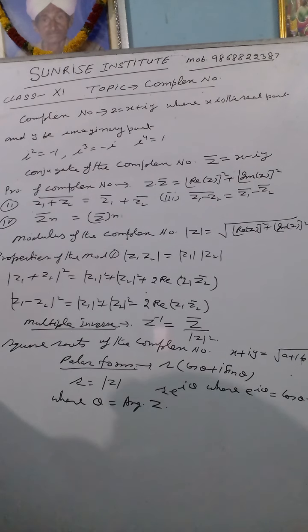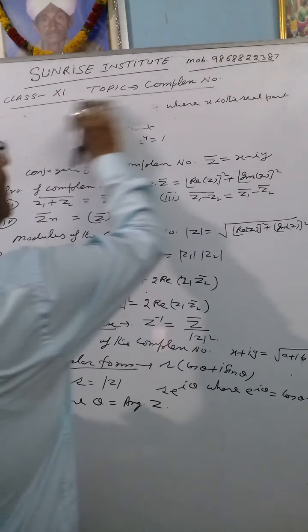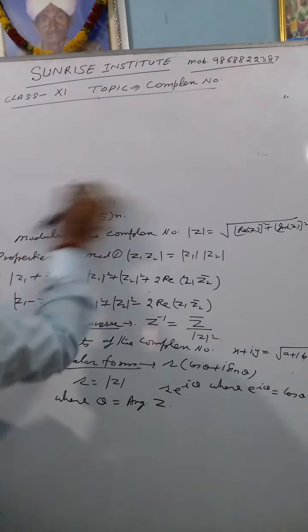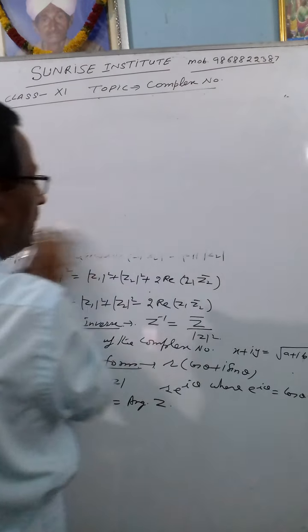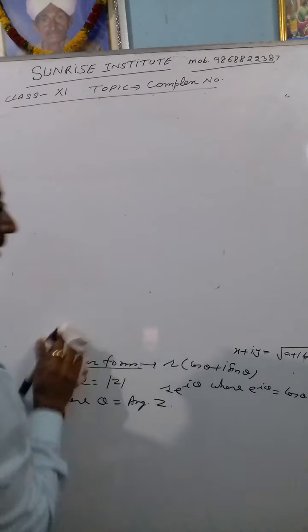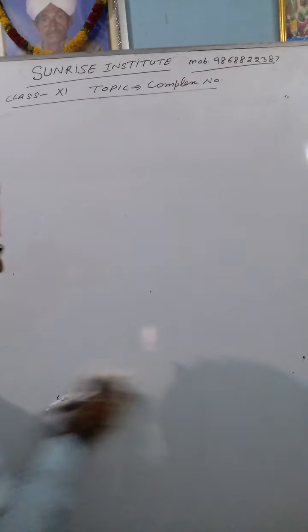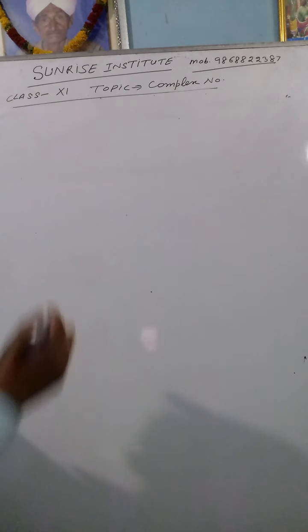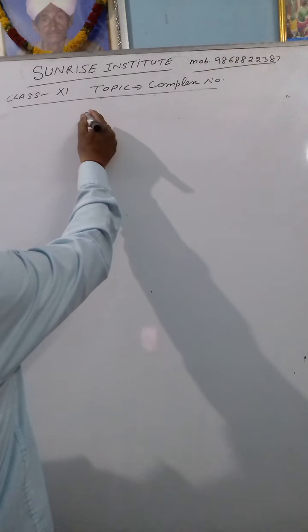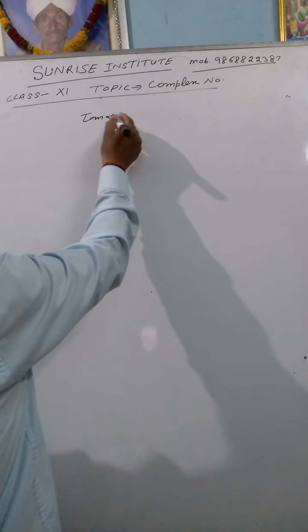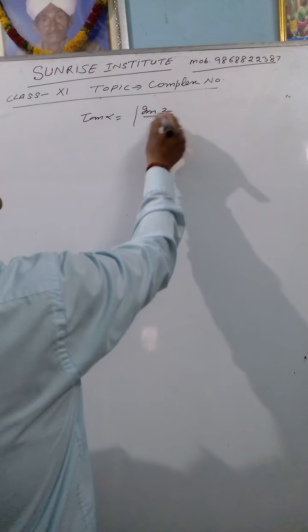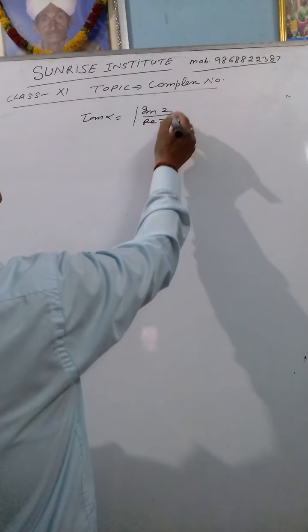Next, we find the theta from the formula tan alpha equals imaginary part of z upon real part of z.